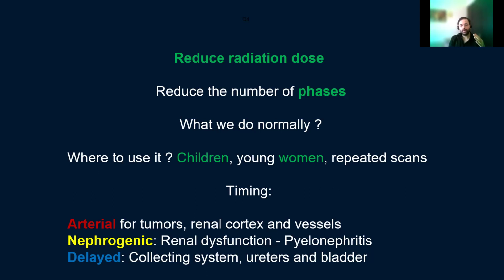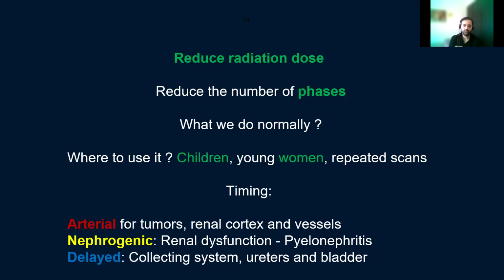But what if you can radiate the patient just once, and only by splitting the contrast into two parts, you can achieve everything? You can look at the arteries, the veins, the corticomedullary differentiation, and the collecting system, the ureters, and even the urinary bladder.